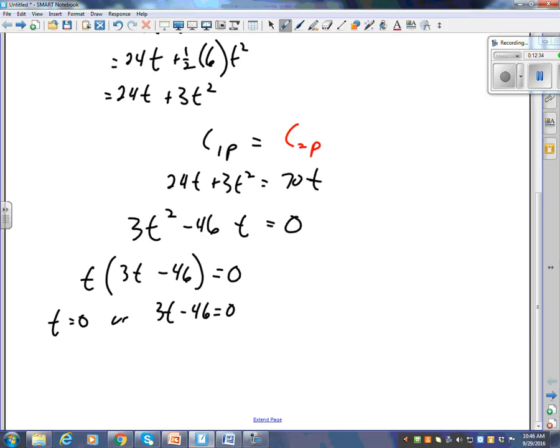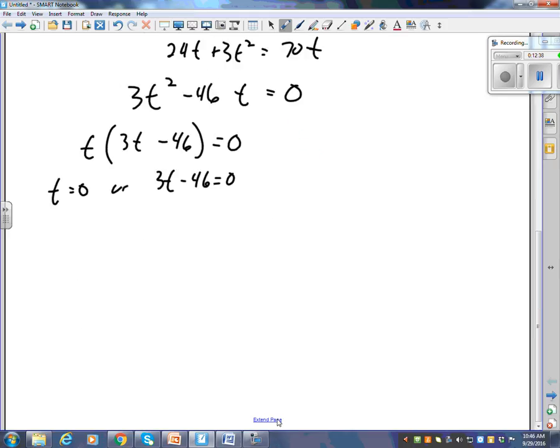Can you solve that? I really hope so. You almost need to be able to just write the answer there, you guys. What's it going to be? 46 goes to the other side, divide by 3. It's going to be 46 over 3, which is 15.3 seconds. Now stop and think.